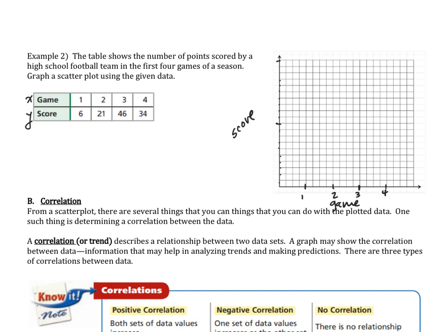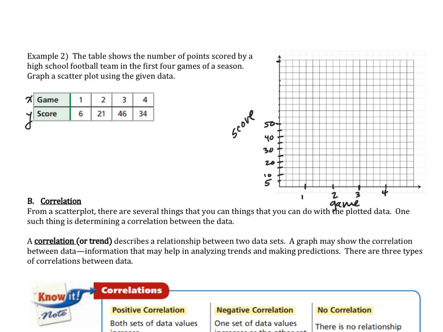Let's make every tick mark 5. This would be 5, this would be 10, 15, 20, 25, 30, 35, 40, 45, 50. That gives a little bit of a short graph, but if I did every 2, this would have been 40 and it wouldn't have been high enough.